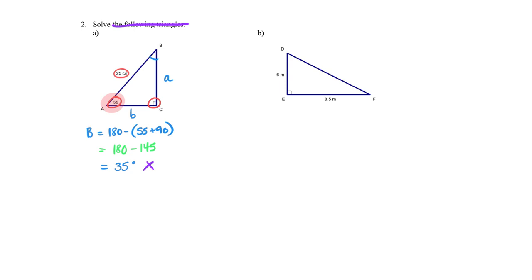Okay, from my perspective, from that 55 degrees, side A is opposite, and the diagram gave me the hypotenuse. So opposite and hypotenuse is my sine ratio. So the sine of 55 degrees is going to equal opposite over hypotenuse.